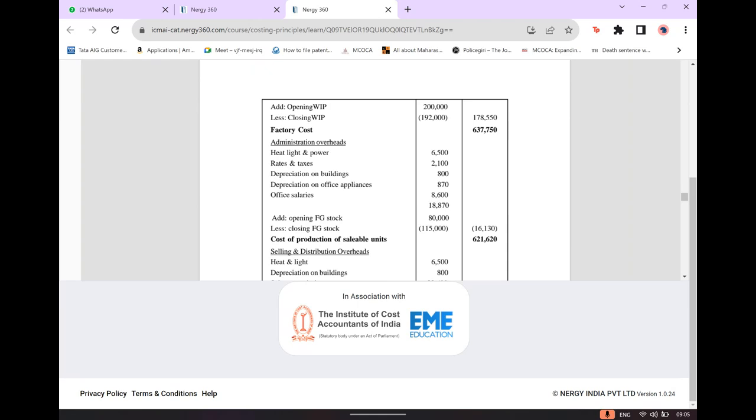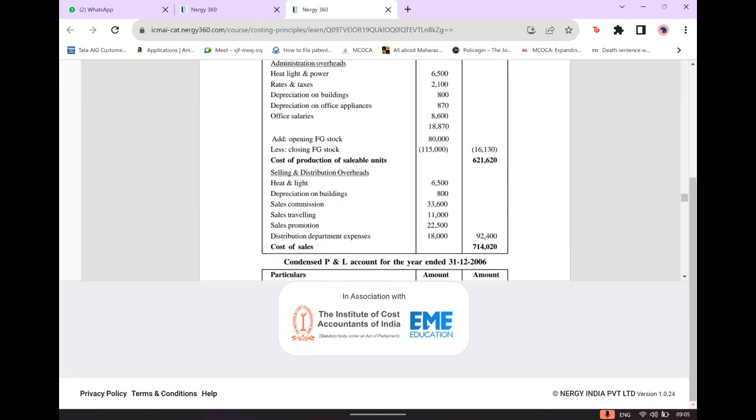Depreciation on office appliance 4% you have to calculate, and office salary 8,000. So heat and power 1/10 and rates and taxes 1/3 will come here. Then you add the opening stock of finished goods, then you subtract the closing stock of finished goods. So what you arrive at is the cost of production of the saleable units.